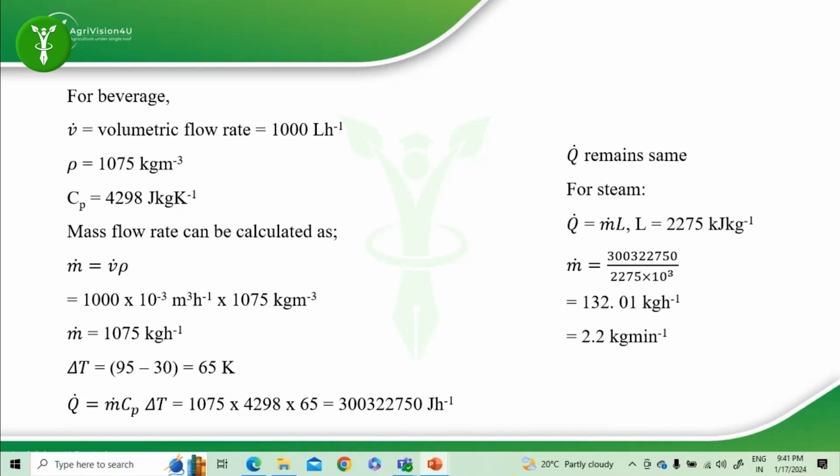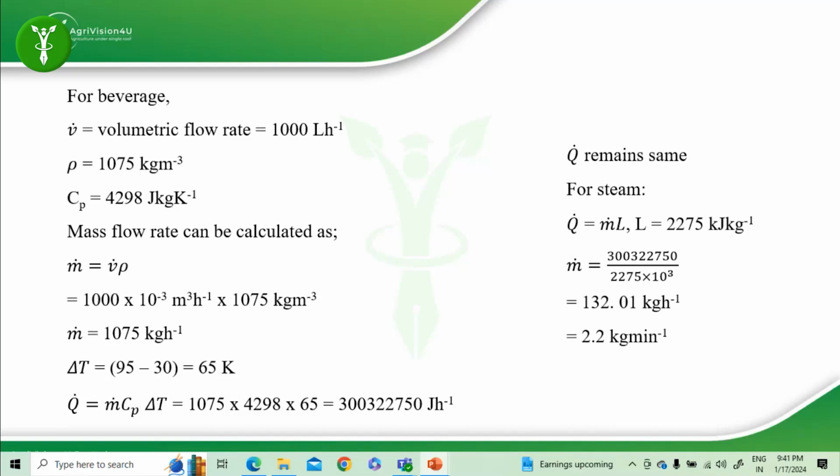The value of density rho is 1075 kg per meter cube, and the value of Cp is mentioned here as 4298 joule per kg per Kelvin. That is the specific heat for the mixed fruit beverage.